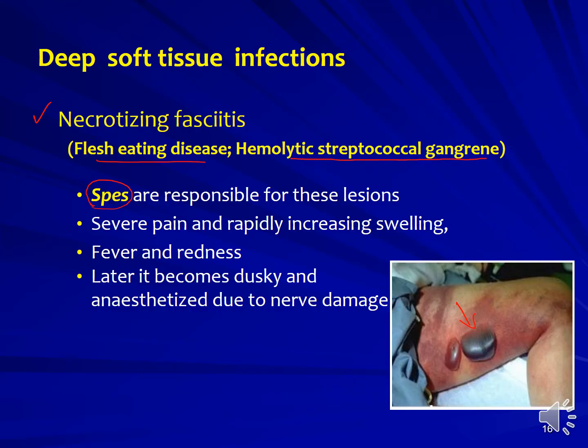You can see the severe pain, rapidly increasing swellings, and fever and redness. Later the lesions become dusky like this, and anesthetized due to nerve damage. All these manifestations finally lead to necrosis of the entire involved area.